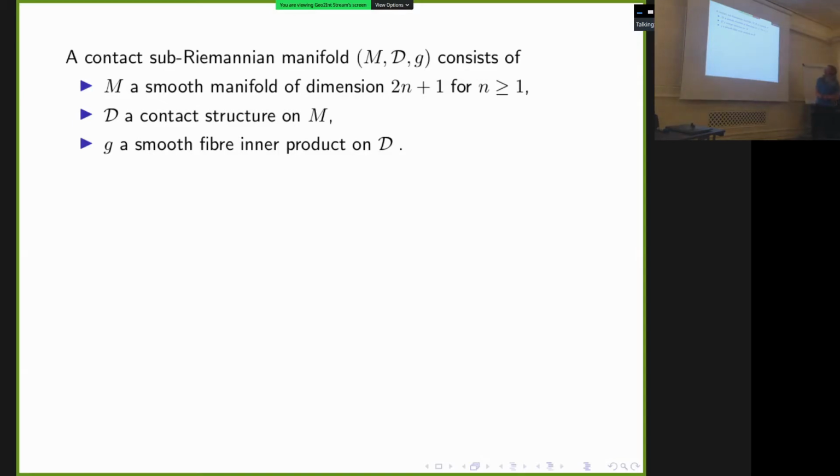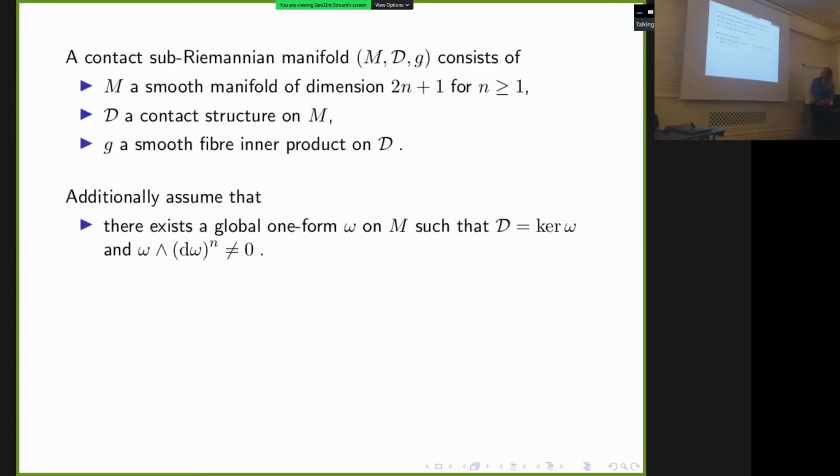And now it turns out that (M, D, g) together forms a so-called sub-Riemannian manifold, because this contact structure D is going to be a completely non-integrable distribution on the manifold M, and then with the g, this gives you a sub-Riemannian manifold. But for the rest of the talk, if you've not heard of sub-Riemannian manifolds before, don't worry about it. Just take this as your definition.